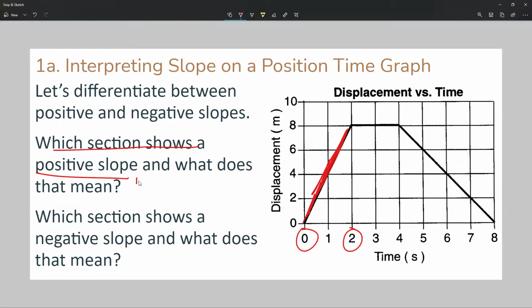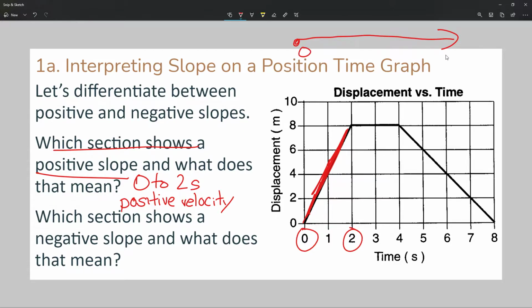If slope means velocity, then a positive slope means a positive velocity, and so you're traveling in the positive direction.